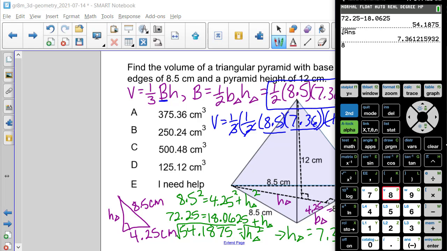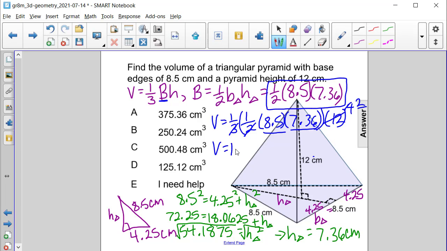So we have 8.5 times 7 36/100 times 2. So the volume here is 125 12/100 cubic centimeters, or answer choice D.